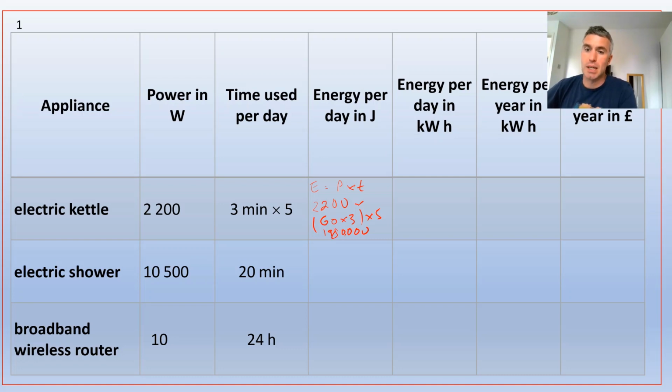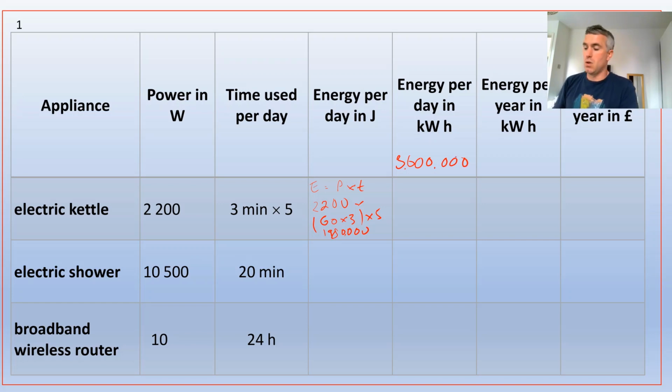Energy per day in kilowatt hours. I told you before that 1 kilowatt hour was 3,600,000 joules.